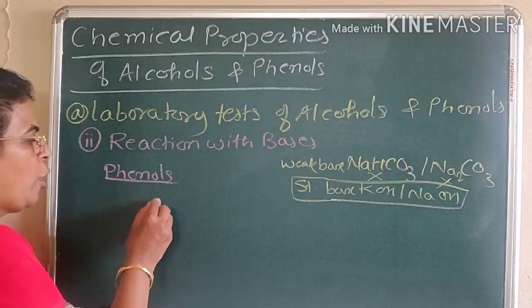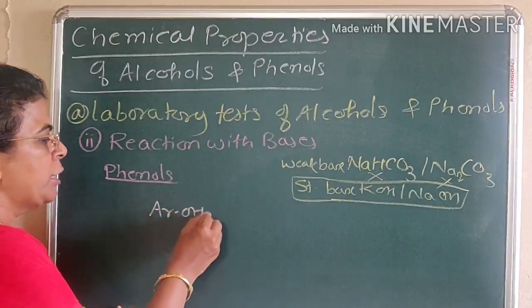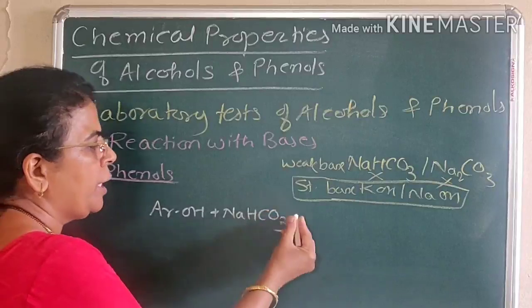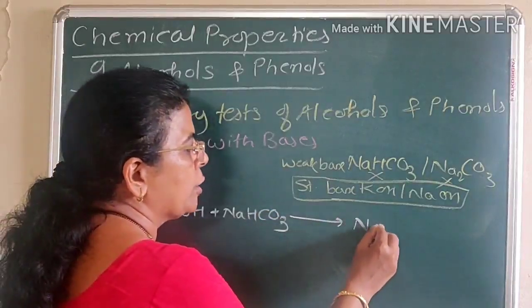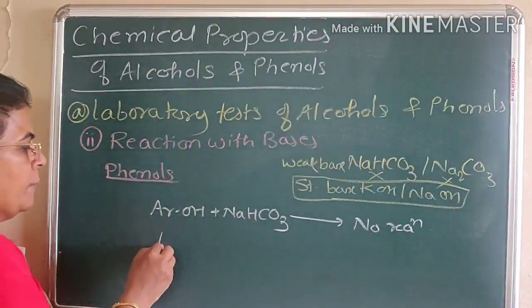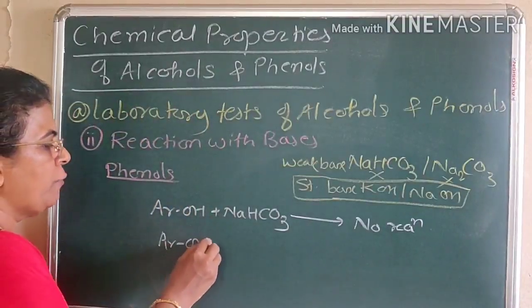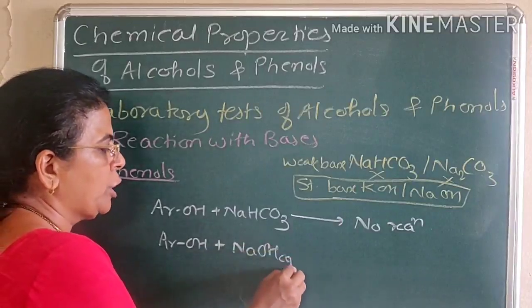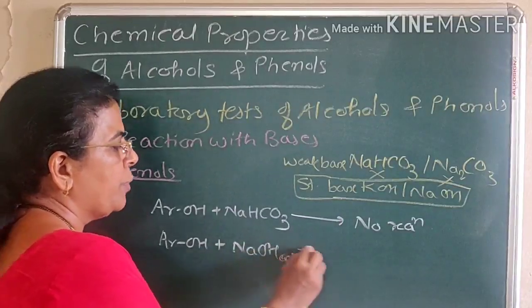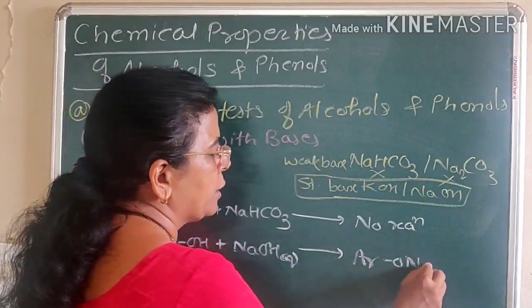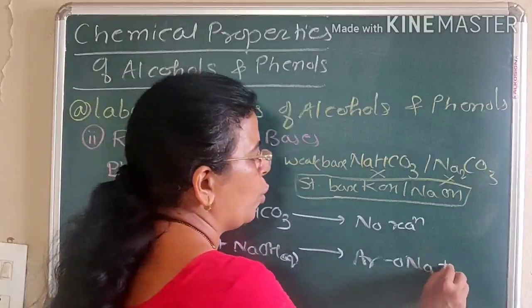When this phenol, that is ArOH, is reacted with NaHCO3, that is sodium bicarbonate, then there is no reaction. But when this phenol is reacted with aqueous NaOH or aqueous KOH, then formation of sodium phenoxide takes place plus H2O.